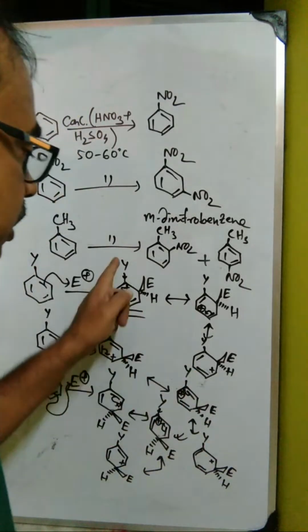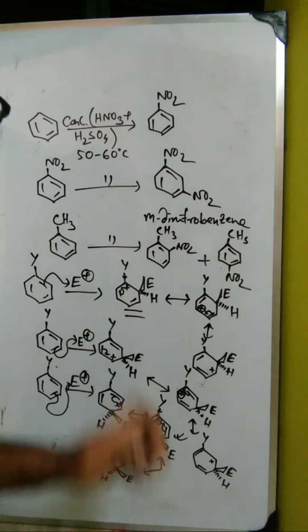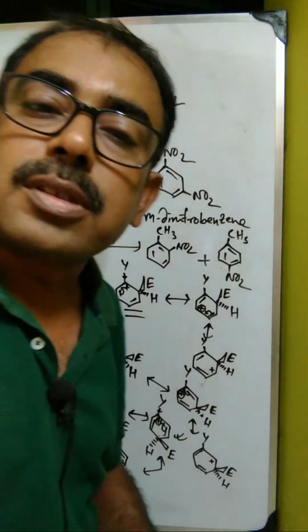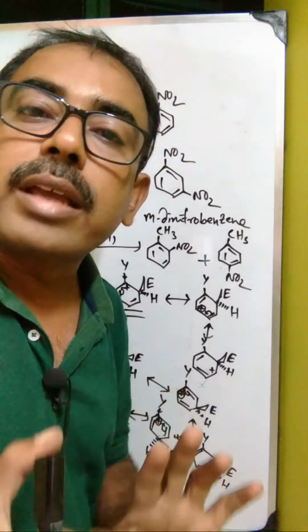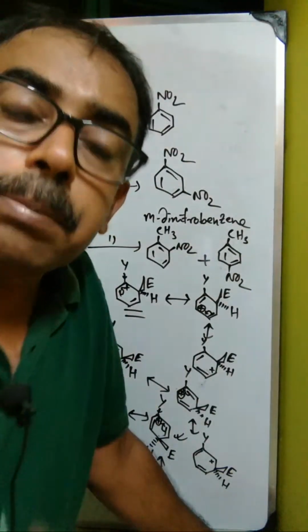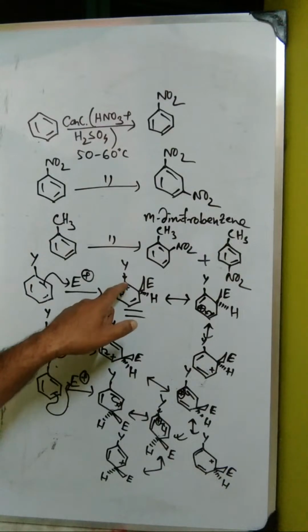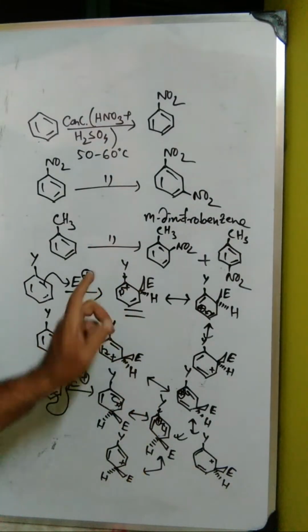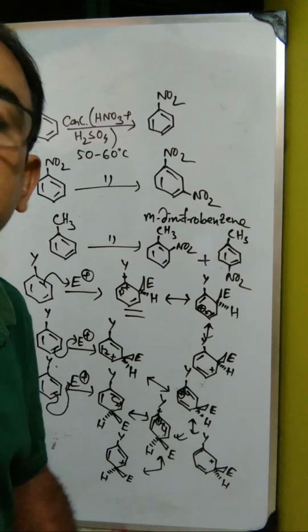Okay, now if Y has plus I inductive effect, these two resonating structures will have some greater or some extra stability. As Y has plus I inductive effect, it will push or repel the bond pair electrons towards the carbon which is carrying the positive charge, and will make these two particular resonating structures more stable.